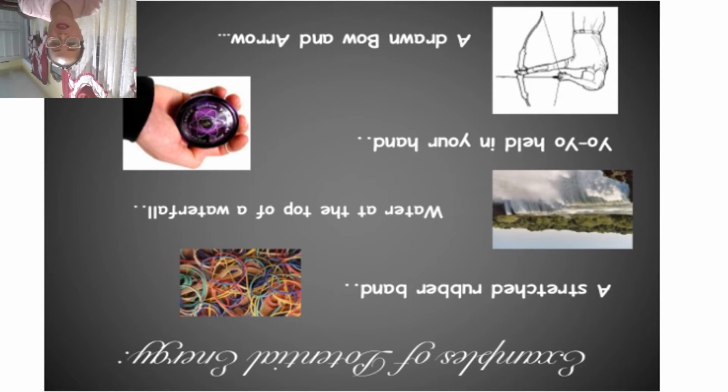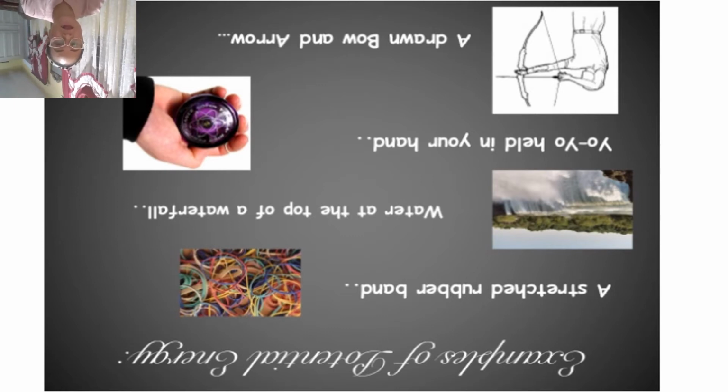Next, we have water at the top of a waterfall. This is an example of gravitational potential energy. The higher the location of the water falling down to the ground, the greater its potential energy. Therefore, it could also have a greater impact once it reaches the ground.